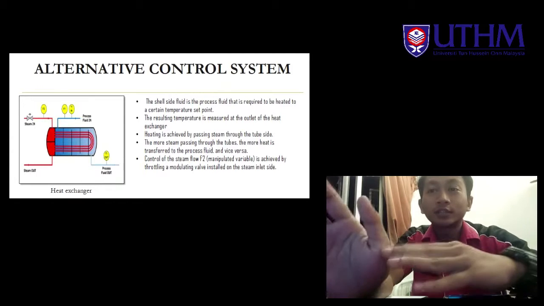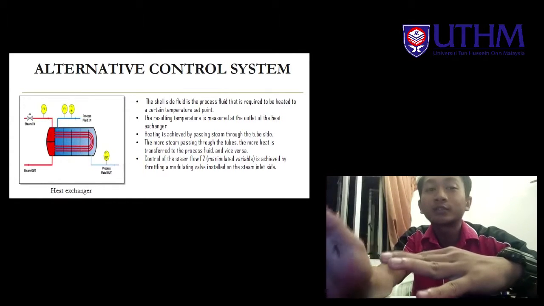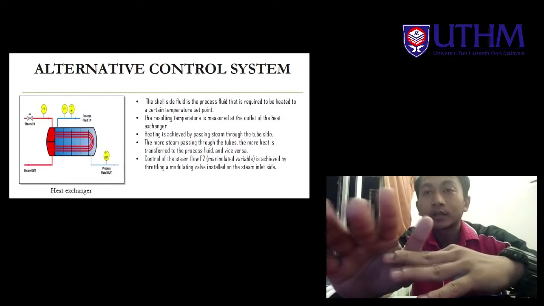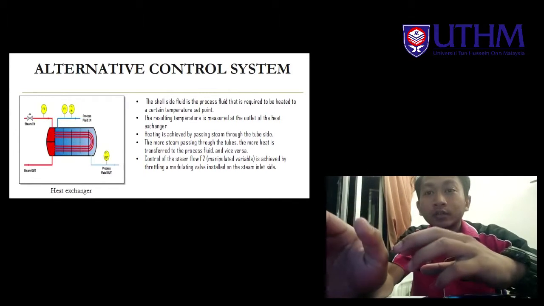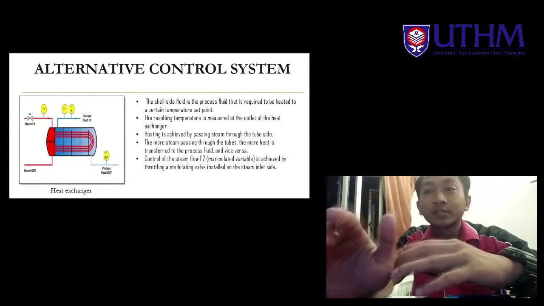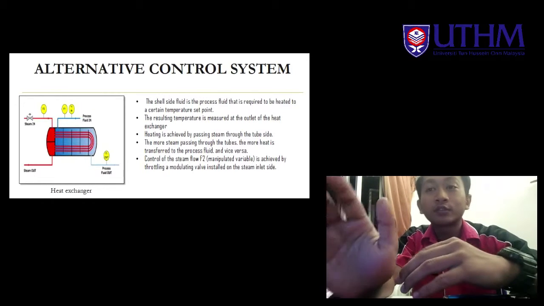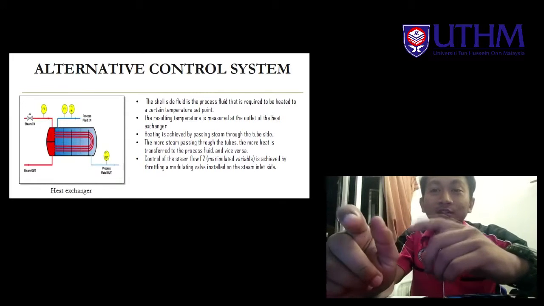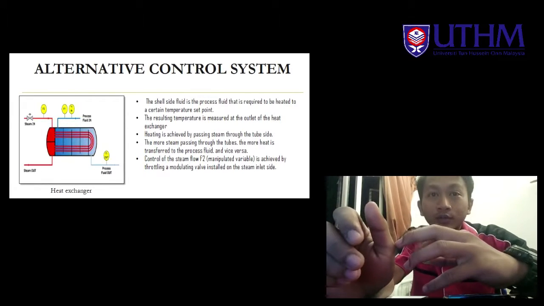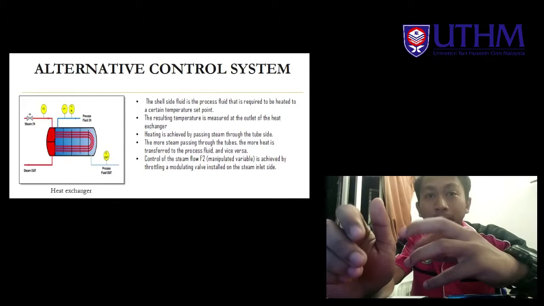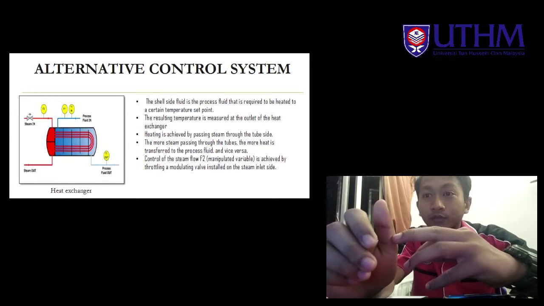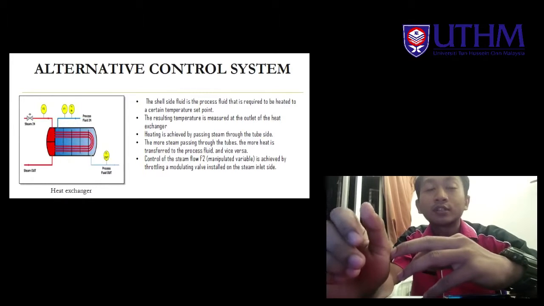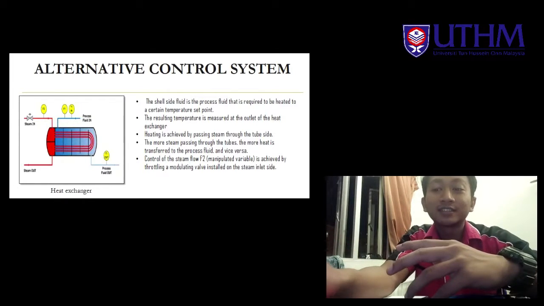Heating is achieved by passing steam through the tube side. It flows through the tube and transfers the heat. The more steam passing through the tubes, the more heat is transferred to the process fluid and vice versa. Control of the steam flow in pipe F2 is achieved by throttling a modulating valve installed on the steam inlet side.